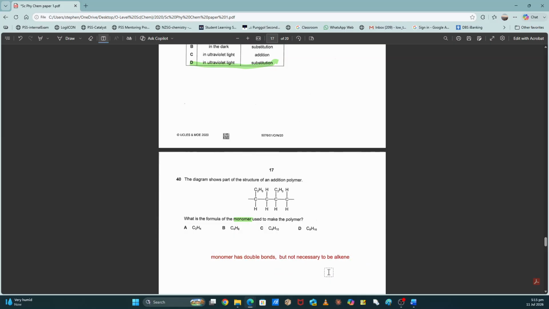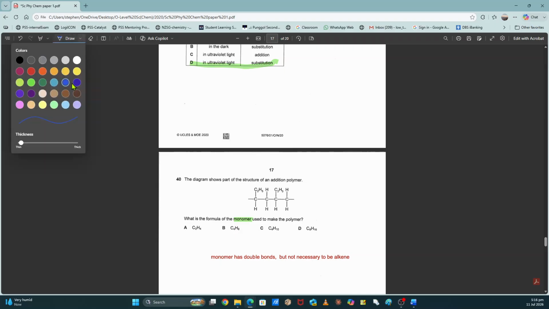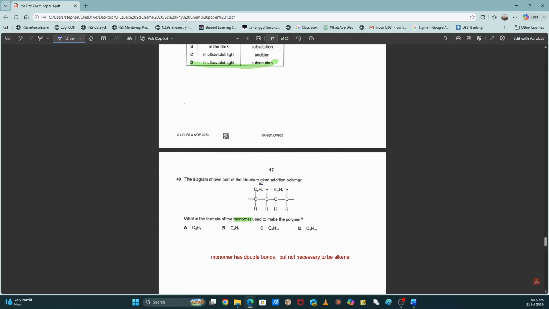Okay, so when you see this type of question, I think your teachers have taught you, you do this first, right? You circle the 2 by 2 first, okay? So you just ignore the rest and then you concentrate on the circled one.